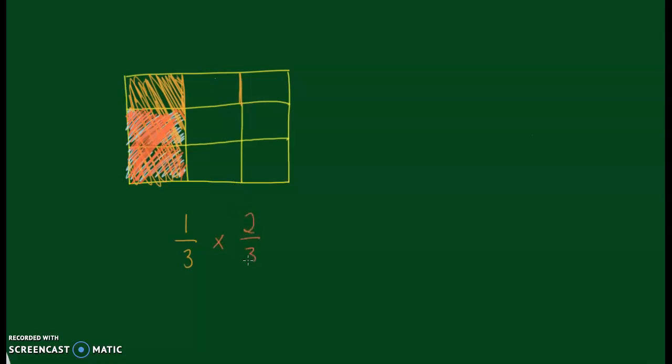So that could be times 2/3. So 2/3 of 1/3, or 1/3 times 2/3, and we're still going to end up with 2/9. So again, I prefer kind of looking at this problem like an area model, like in the previous lesson, but you can also look at it in the way that I just described as well.